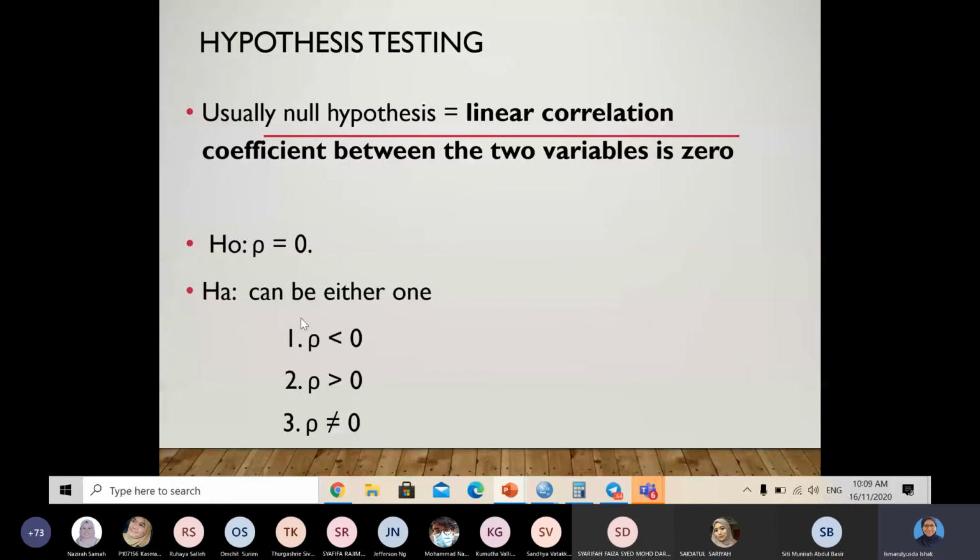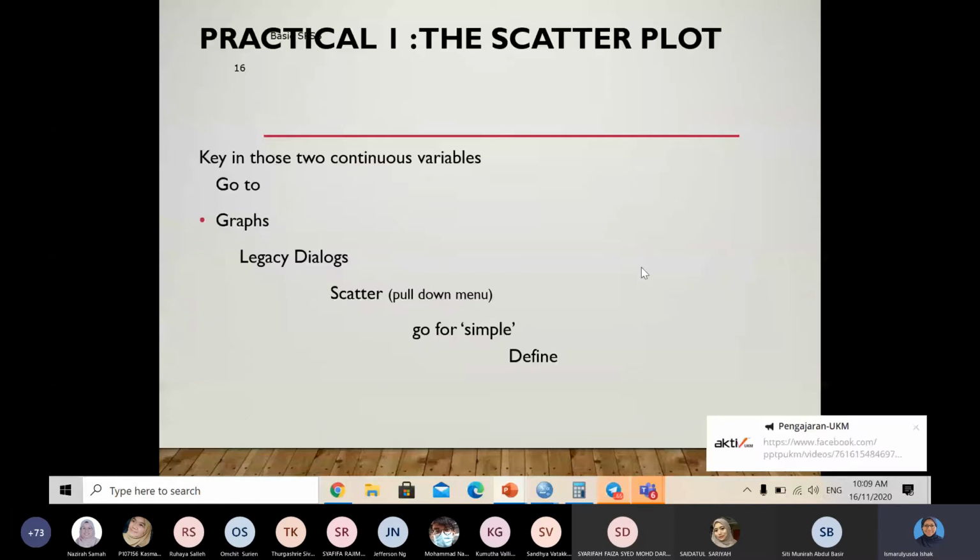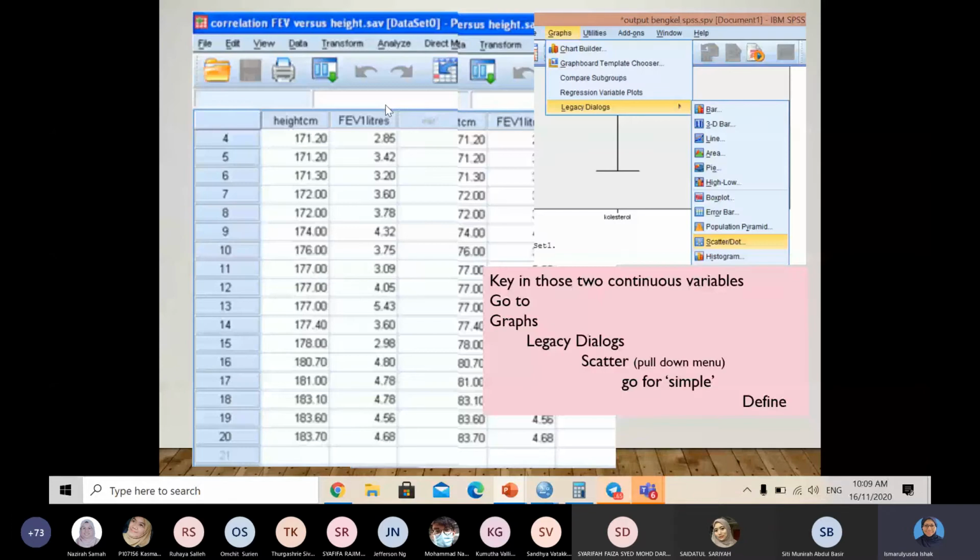Okay, so we move on to the SPSS. Okay, so we have two continuous variables. Okay, so if you heard from previous, I don't ever mention dependent and independent in these correlations, because you don't need to identify which one is dependent, which one is independent.